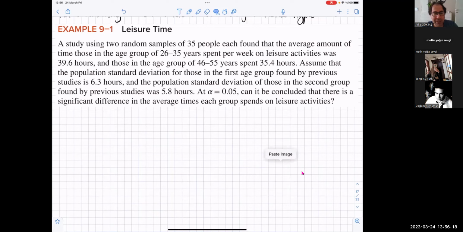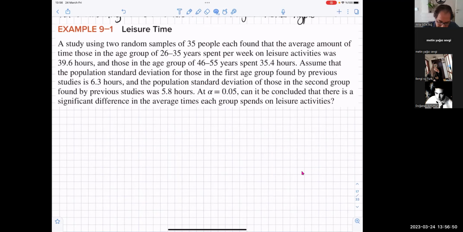Assume that the population standard deviation for those in the first age group found by previous studies is 6.3 hours, and for the second group was 5.8 hours. At alpha equals 0.05 level of significance, can it be concluded that there is a significant difference in the average times each group spends on leisure activities?